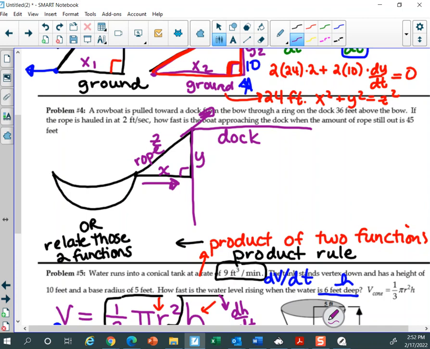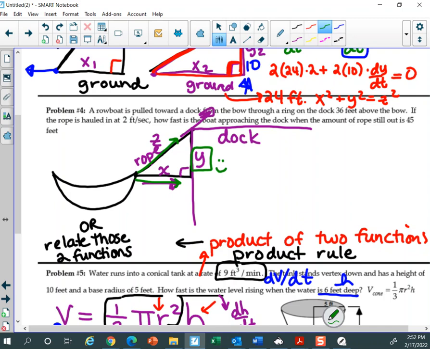So what's not changing in this problem? What's not changing? The boat's coming in, the rope's getting pulled. That Y's not changing. Okay? That's the picture for problem 4.